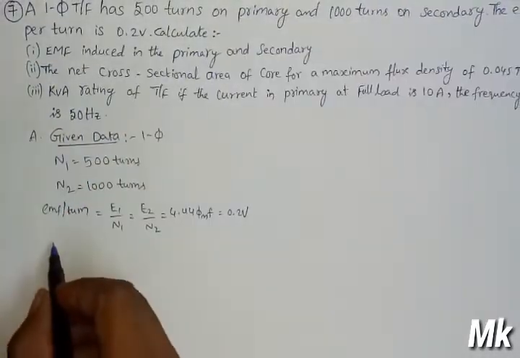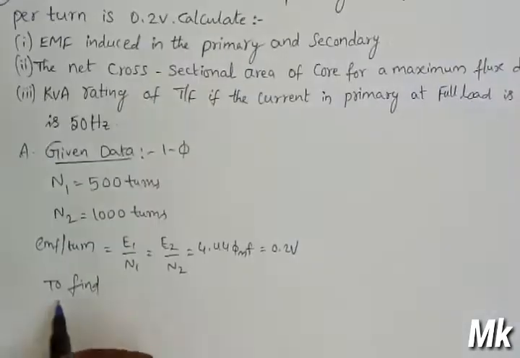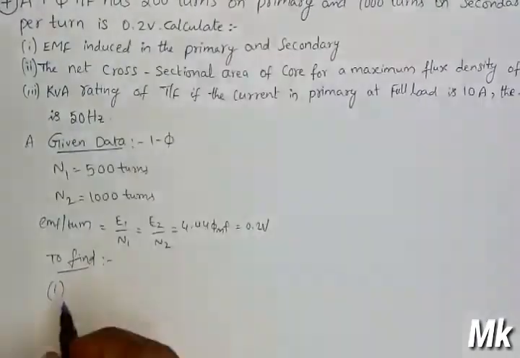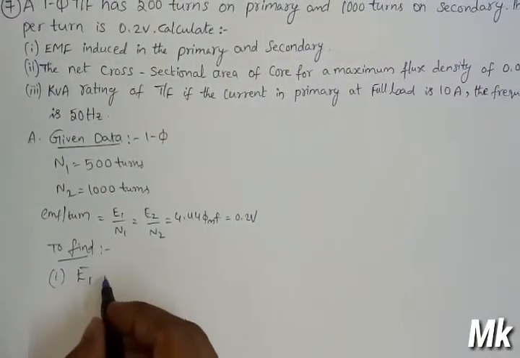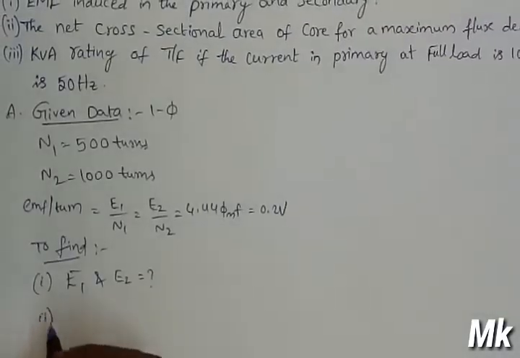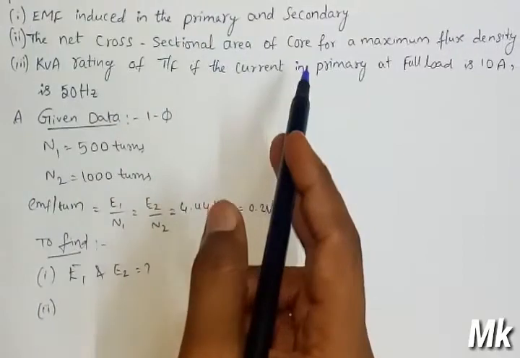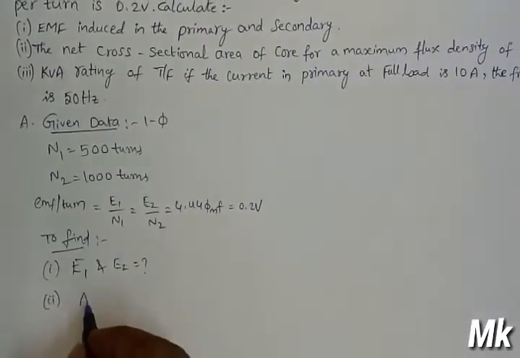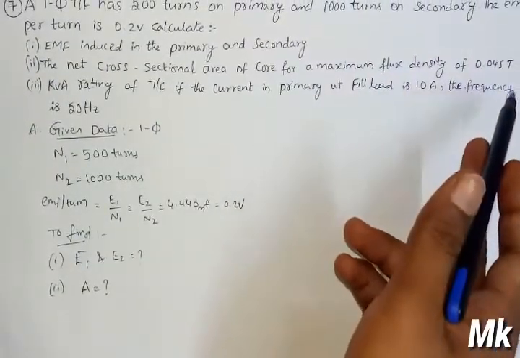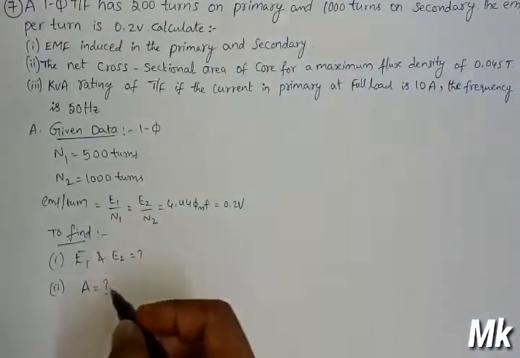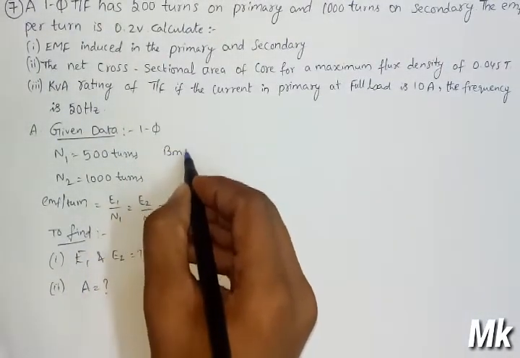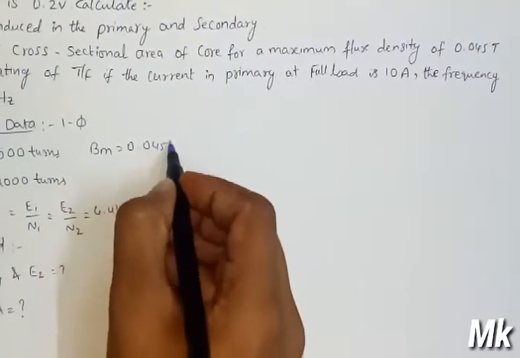To calculate means to find out: 1. EMF induced in the primary and secondary, that means E1 and E2. 2. The net cross sectional area of core, it means A, for a maximum flux density of 0.045 Tesla, that is Bm is equal to 0.045 Tesla.